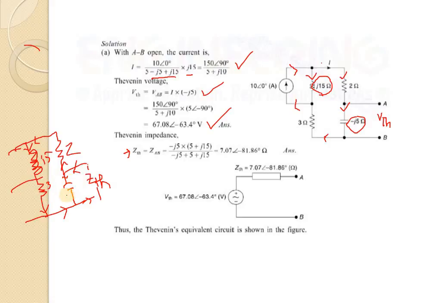Only this one, that is minus J5, is in parallel. So minus J5 into 2 plus 3 plus J5, that is 5 plus J5 divided by summation of all. We have calculated this one, that is ZTH is equal to 7.07 angle 81.86 degree.